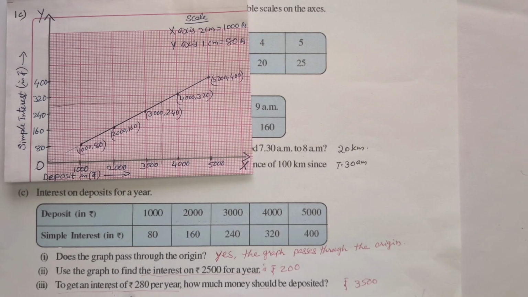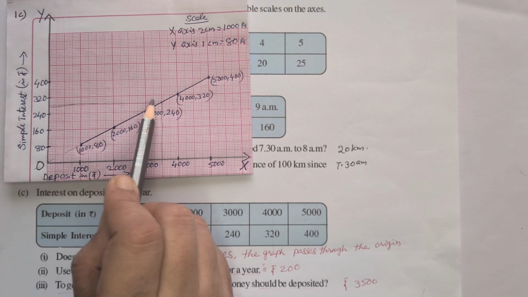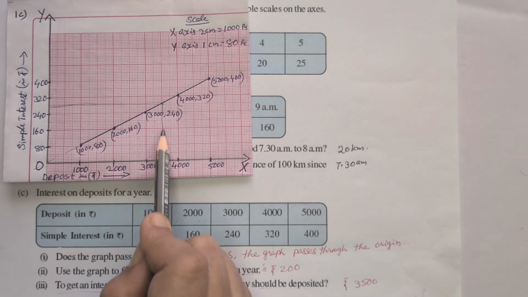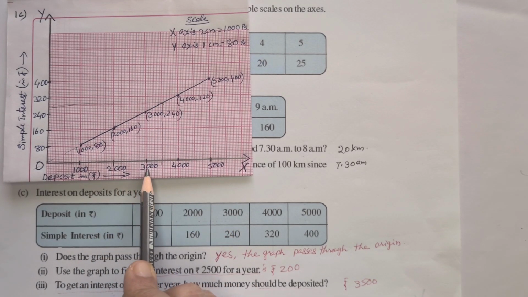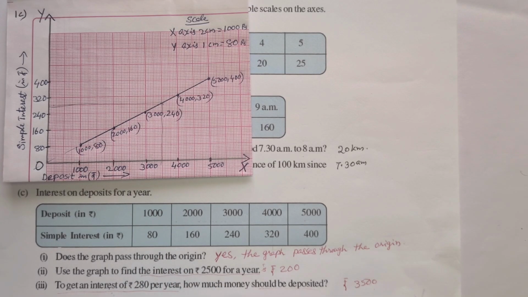Third question: to get an interest of rupees 280 per year, how much money should be deposited? Corresponding to that 280 point, when we join, it is coming over here, and the vertical line falls in between 3000 and 4000. That means 3500 rupees. To get an interest of rupees 280 per year, rupees 3500 should be deposited.